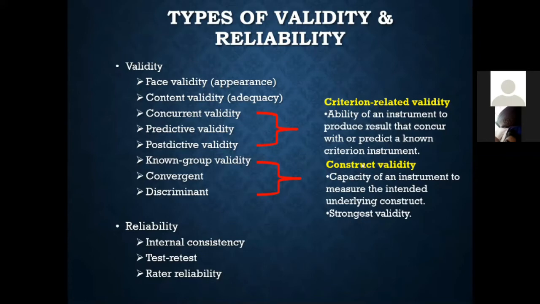It is not difficult, but you need to have proper planning. Even an undergraduate student can do construct validity. There are three types of construct validity: known group validity, convergent validity, and discriminant validity.